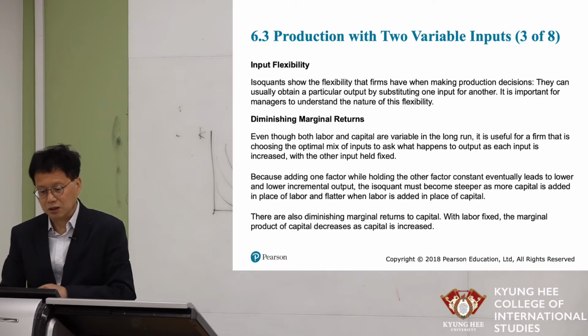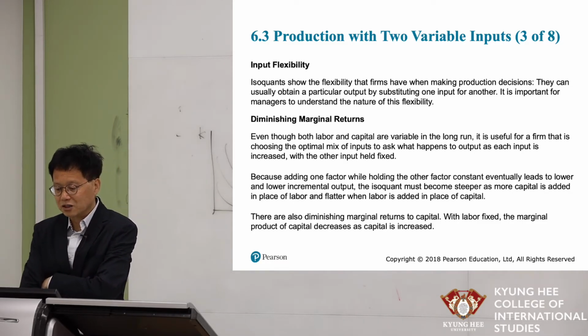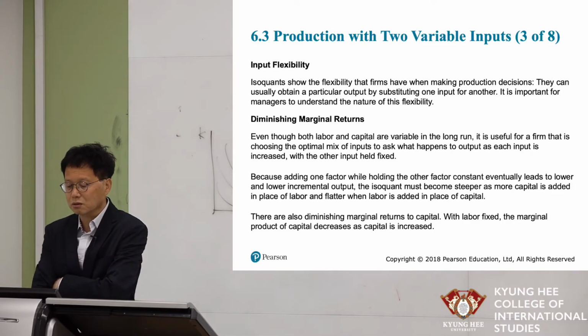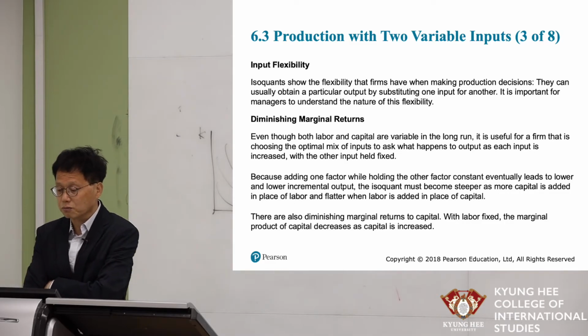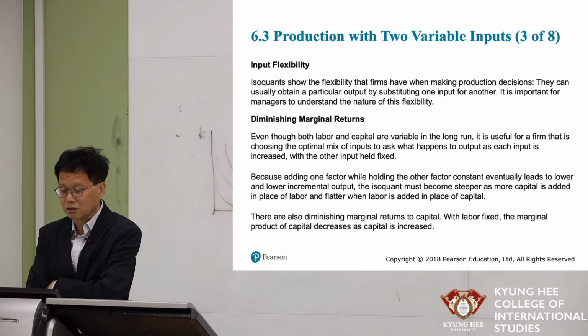Improved flexibility. Isoquants show the flexibility that firms have when making production decisions. They can usually obtain a particular output by substituting one input for another. It is important for managers to understand the nature of this flexibility.